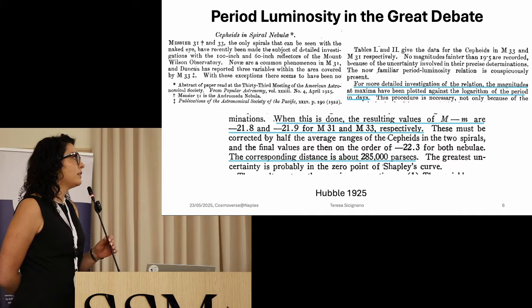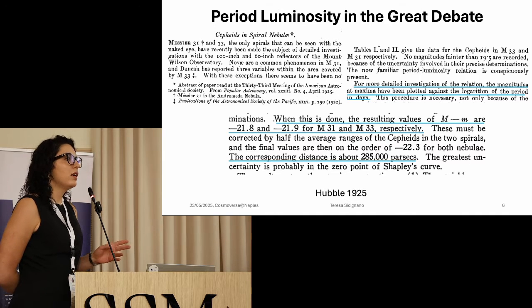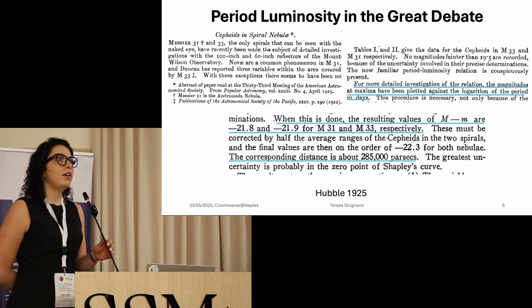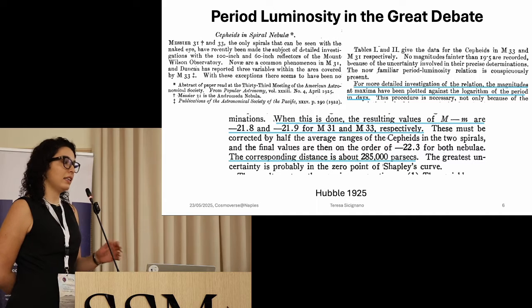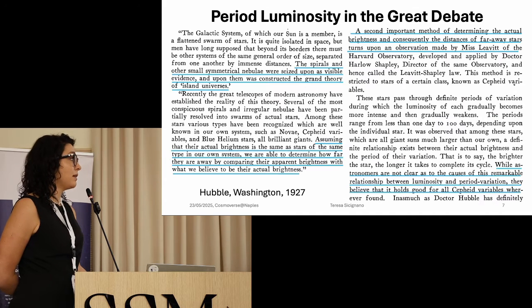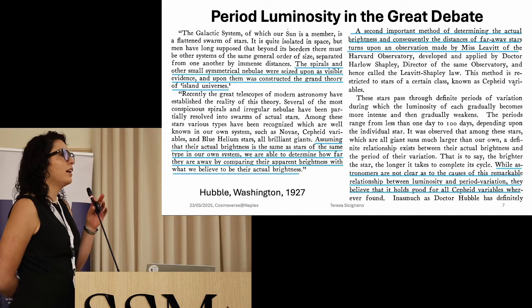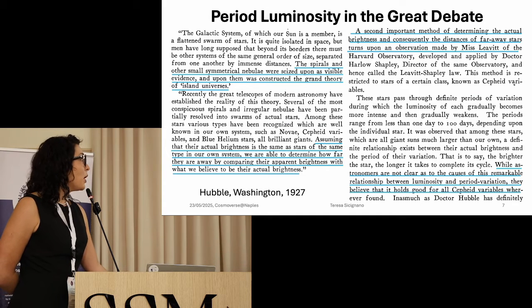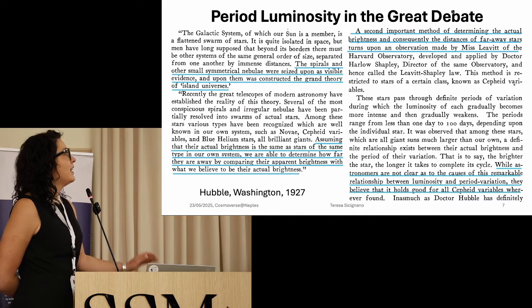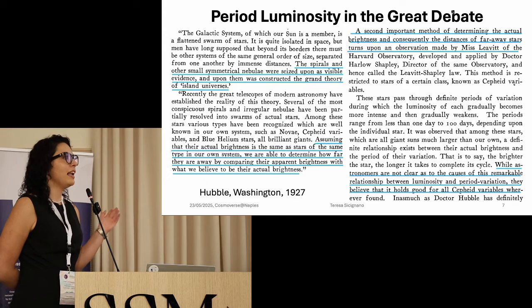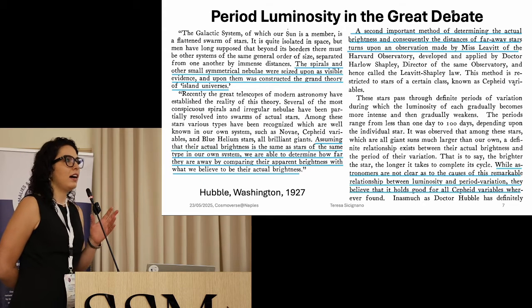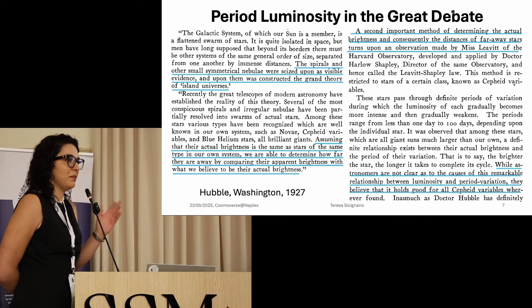And he found out that Andromeda and M33 were 300,000 parsecs far from us, and the same Hubble, in a public lecture in Washington, confirmed that probably we are in a theory of island universes, and that our universe was not only the Milky Way.